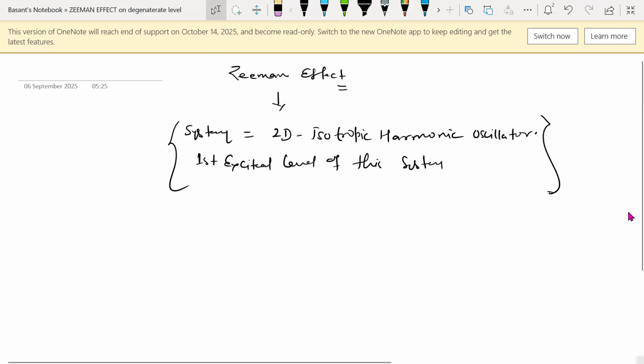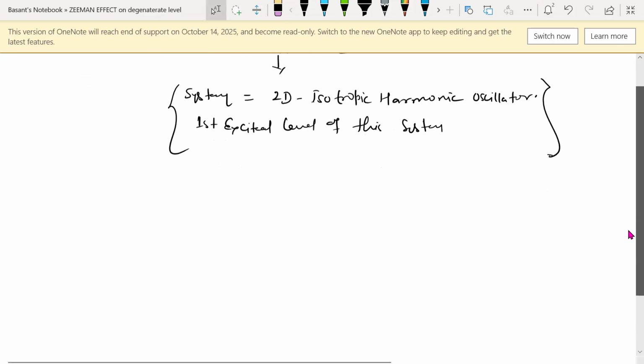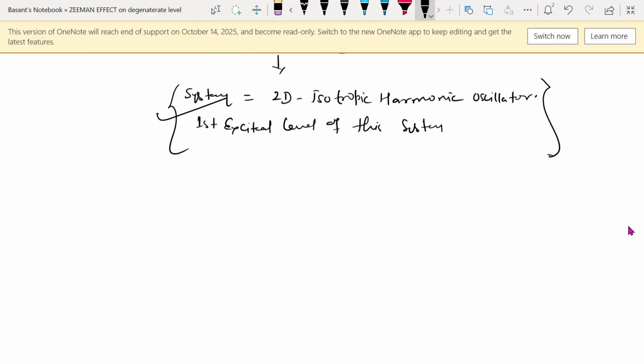So for this topic, that is the Zeeman effect, the system is a two-dimensional isotropic harmonic oscillator.